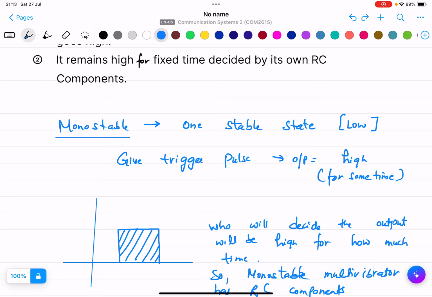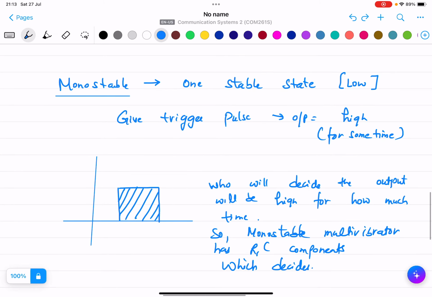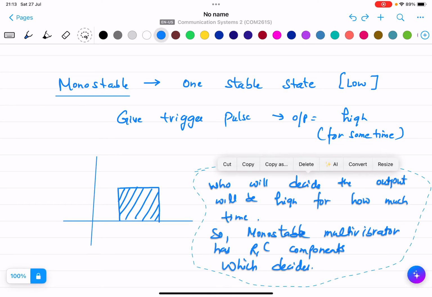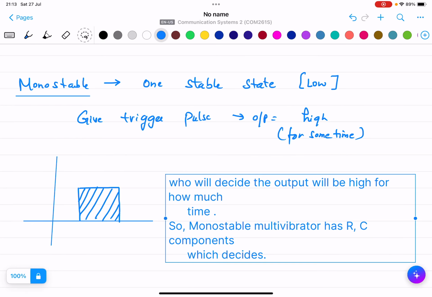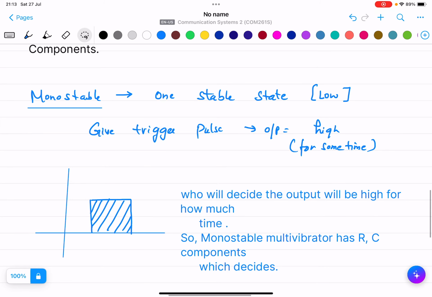But when we give a trigger pulse, the output becomes high for some time, and the R and C components decide for how much time the output will be high. So this is the function of the monostable multivibrator, and this is the explanation of it.